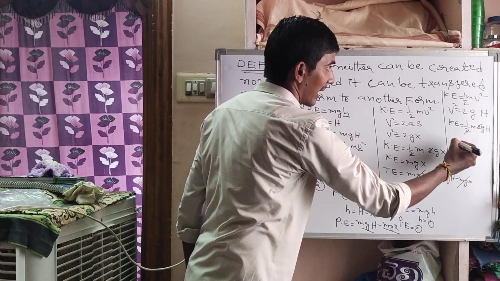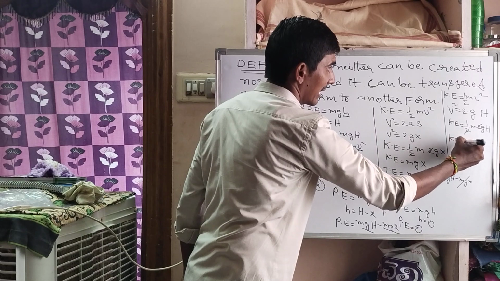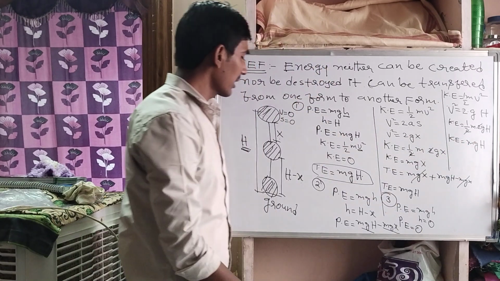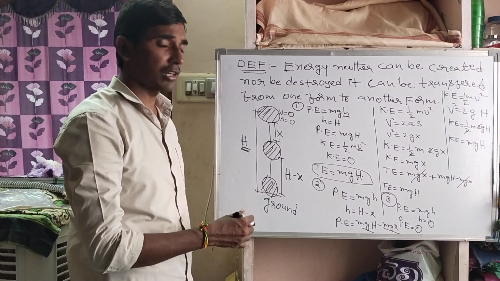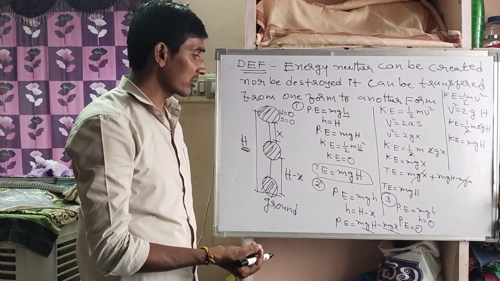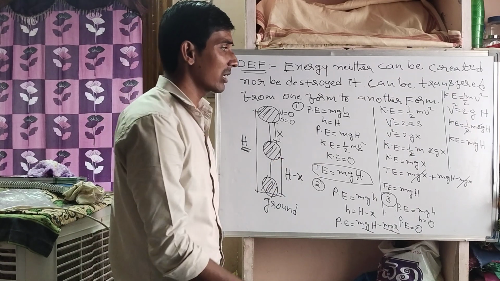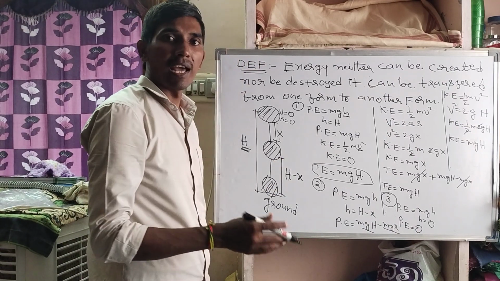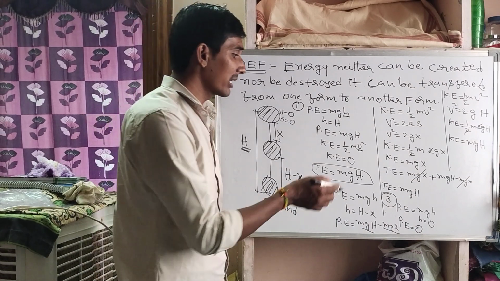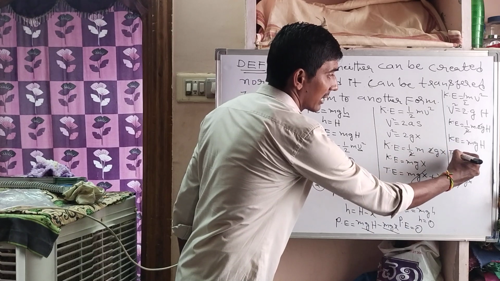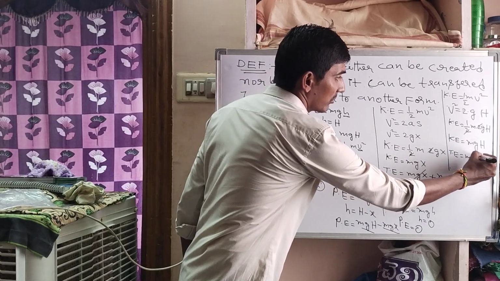Here 2 is cancelled, remaining KE is equal to mgh. The third position has two energies: potential energy is 0 and kinetic energy is mgh. The total energy is the sum of those, so the total energy is equal to mgh.